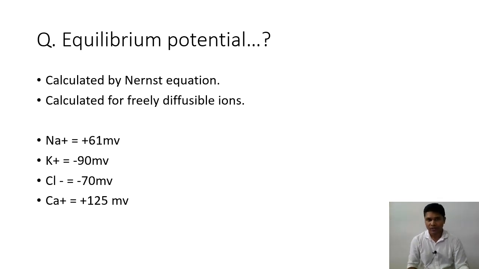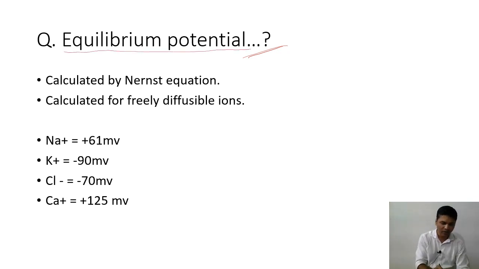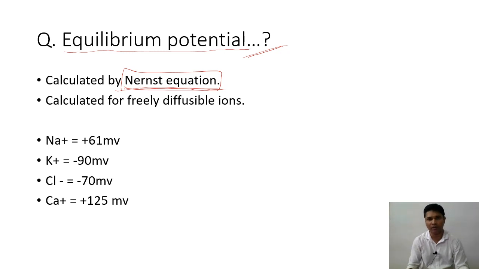Now one question was there on equilibrium potential, and again the options are not there. So let's discuss the equilibrium potential. How will you calculate equilibrium potential? With the Nernst equation. This is the formula. With this you can calculate the equilibrium potential for a freely diffusible ion, which can go in and out freely.